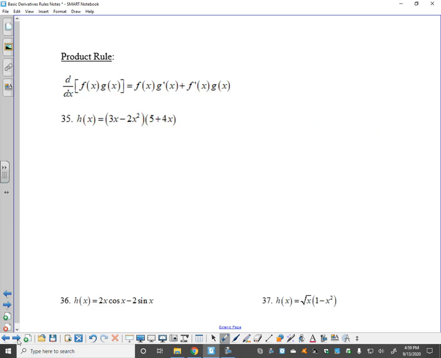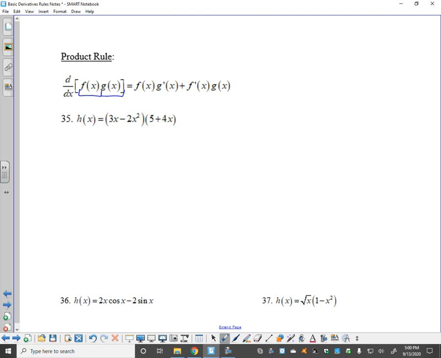Okay. The last rule that you have to learn for the day. So you've learned 2 rules so far. You've learned your power rule, and you've learned all the trig rules. So now we're going to learn the product rule. The product rule is when you have 2 functions multiplied together. Here's what you're going to do. Now it has to be 2 functions, so 2 things with x's in them. So this guy times this guy, so f times g.